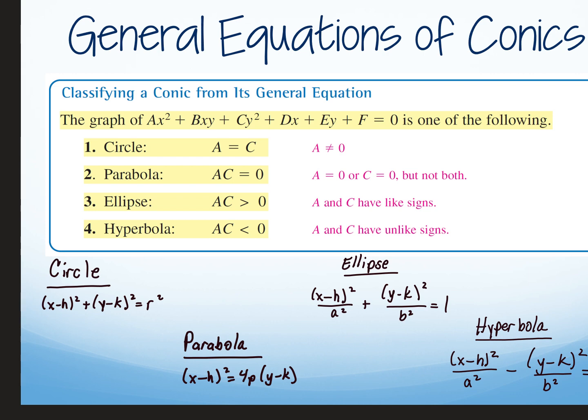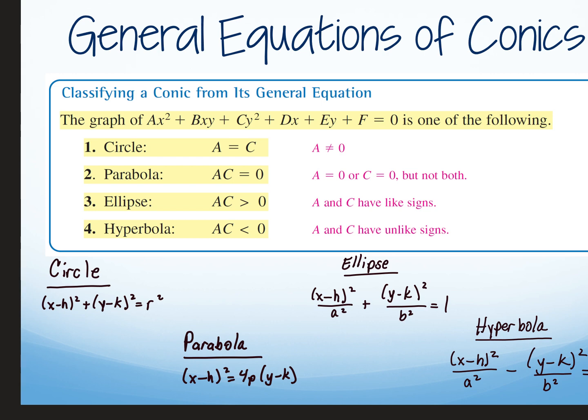Again, what is the biggest difference between an ellipse and a hyperbola? Ellipse adds, hyperbola subtracts. All right, everything else is the same. So this general rule, if you're given an equation, like we're going to be in the next slide, and it says classify the conic, right? Figure out which one is which.